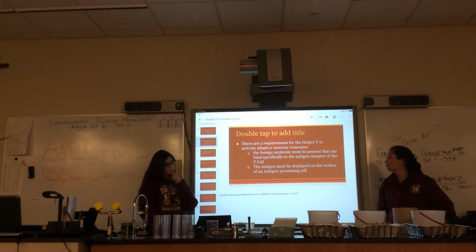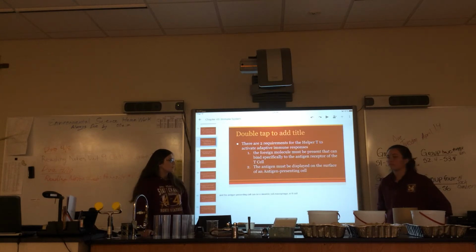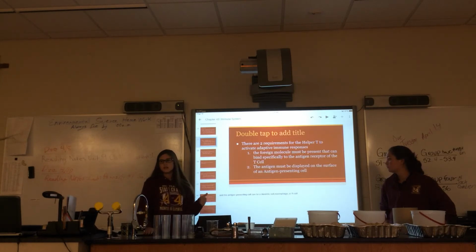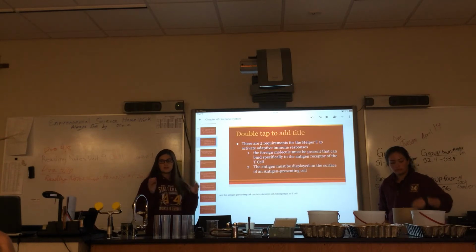There are two requirements for the helper T cell to activate the adaptive immune response. The first one is that a foreign molecule must be present that can bind specifically to the antigen receptor of the T cell, which was kind of like what Emily was saying earlier, that it can't work unless they bind specifically. But there are many different types of T cells, so they'll find one to bind to it.